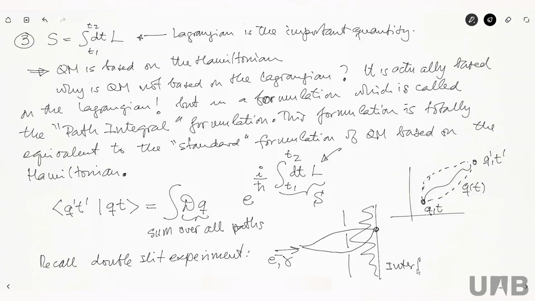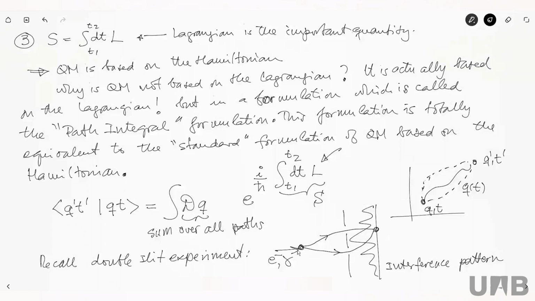So there's an interference pattern, and that is what quantum mechanics tells you. But if you try to understand this in terms of a Hamiltonian as an operator that you have to diagonalize, this is not that easy to understand. However, in this formulation, this is obvious, because what it tells you is that all the paths that connect these 2 points contribute.